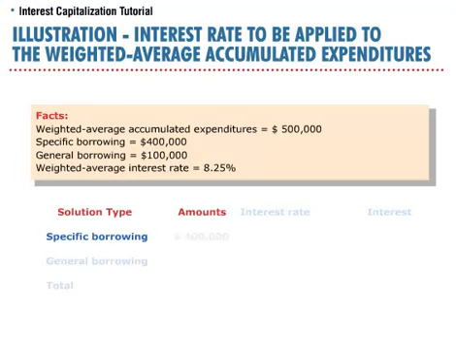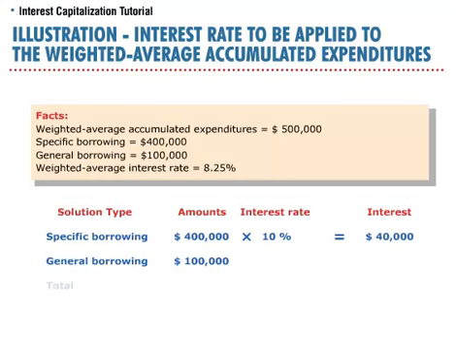For the $400,000, we multiply this amount by the 10% interest rate on the specific borrowings to equal $40,000. For the remaining $100,000, we use the 8.25% average interest rate to equal $8,250. The sum of these two amounts equals $48,250. This amount is also called the avoidable interest.